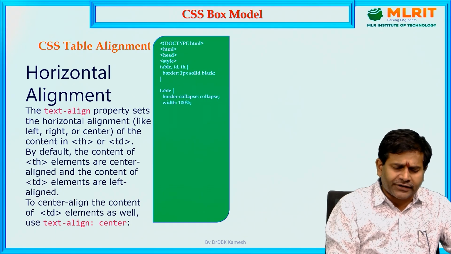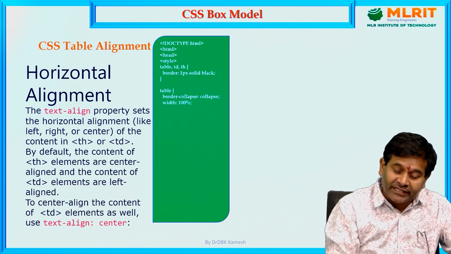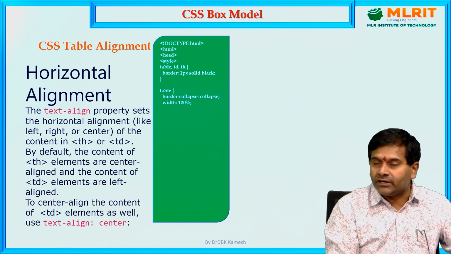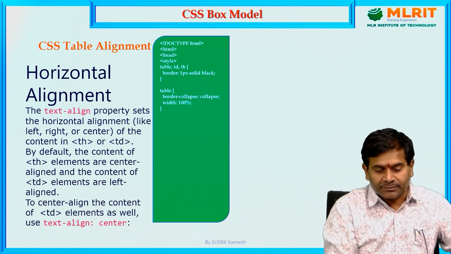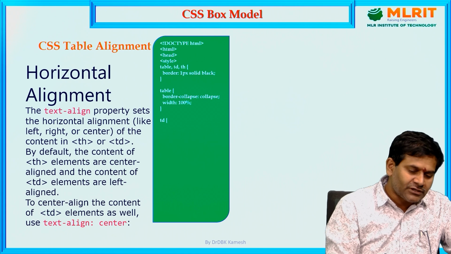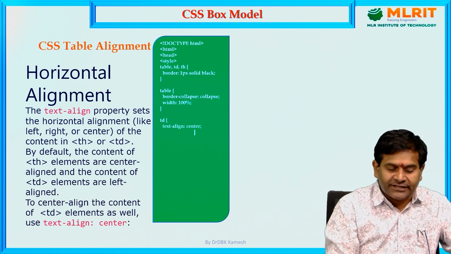The table border: table, td, th, these three are the selectors. In this, border is 1 pixel solid black. So table border, again border collapse: collapse, then width 100%, then the TD, text-align center.